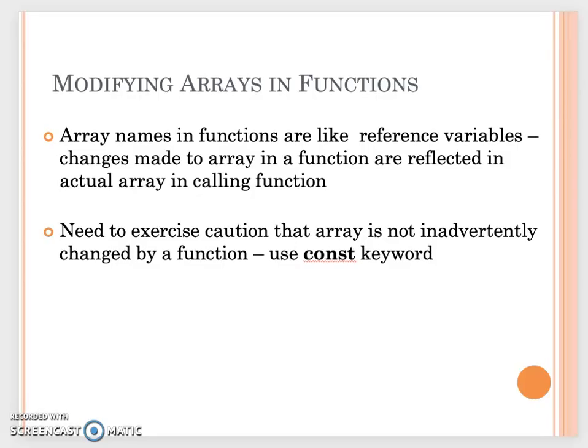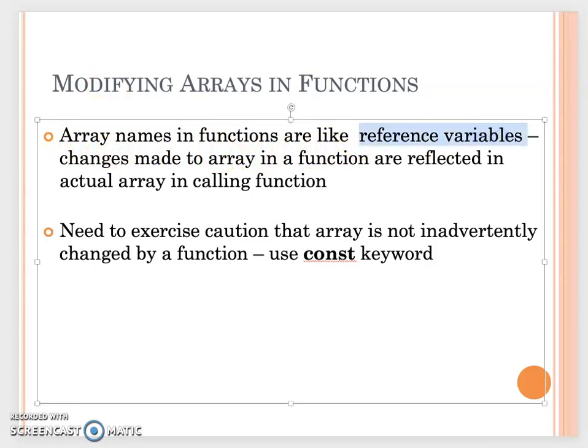After you understand how to pass in an array through the function, I want to introduce you to a keyword. Depending on your purpose when you pass in the array through the function, we may need to use the const keyword. When you have an array name in the function, it is just like a reference variable, because you need to understand that the array name actually represents a memory location.